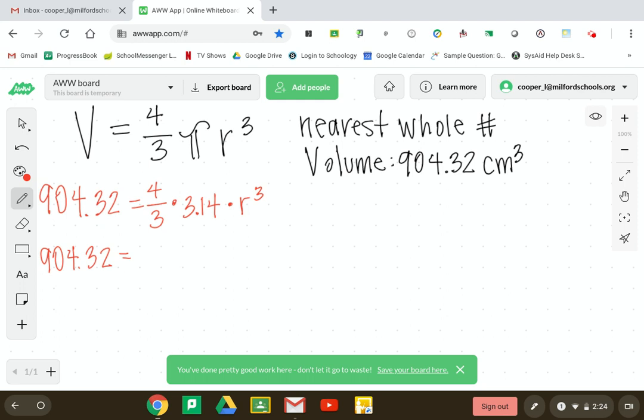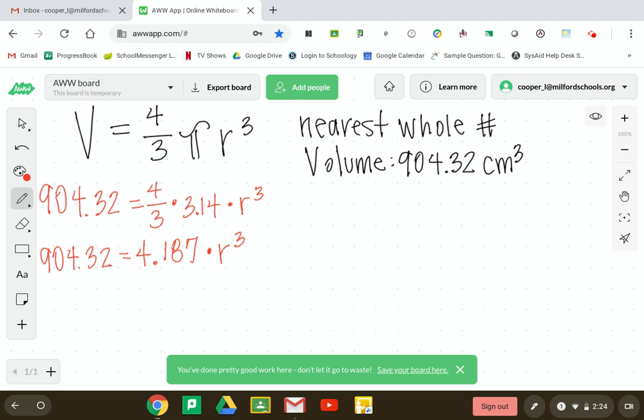So we're going to go ahead and keep rewriting here and multiply 4/3 times 3.14, and you get a really long decimal, but they want you to round it to the nearest thousandth. So even when you do this on your assignment, you'll use this number, 4.187, times r cubed.